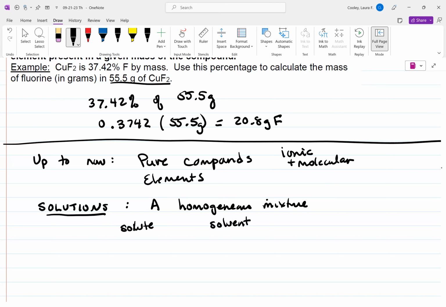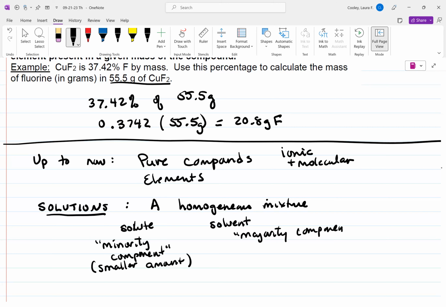The solute is the thing that's present in a smaller amount, so we call it the minority component, which simply means it's present in a smaller amount. And the solvent is the majority component, which is present in a larger amount.